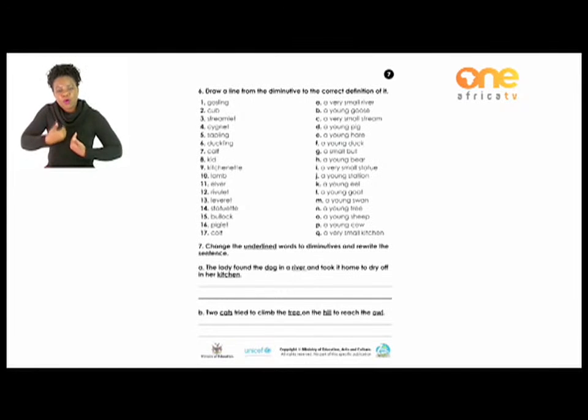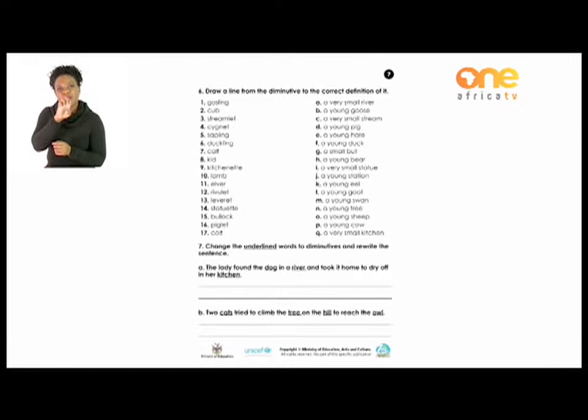So I begin with A. Definition A says, a small river, a very small river. You go to your left side. If you look at number 12, it says rivulet. A very small river is a rivulet.